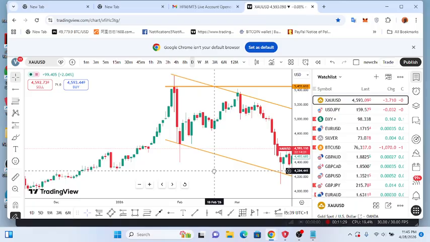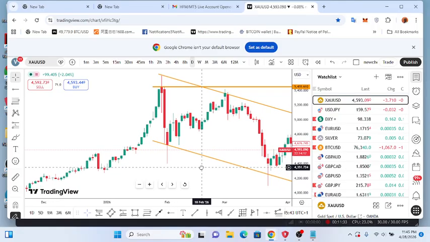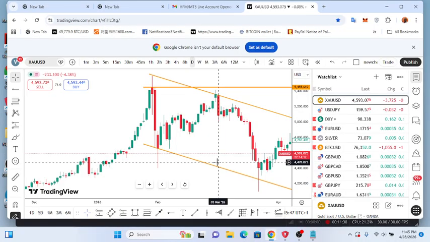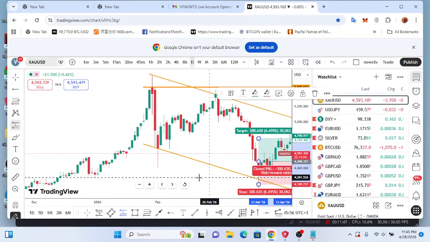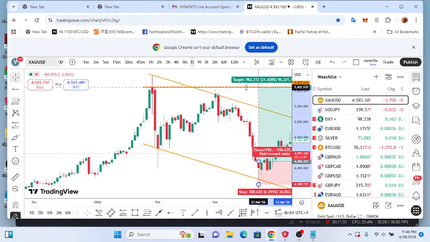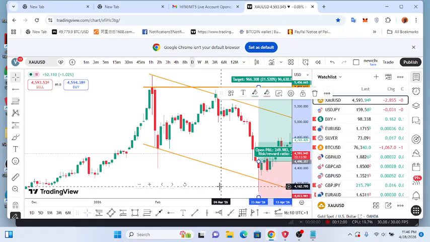Let me use the long tool. Okay, you are taking your profit here, and your stop loss here.